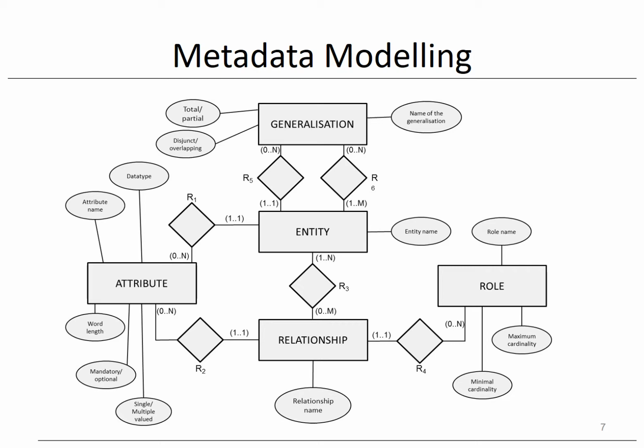The relationship type R4 connects a relationship to its roles. R5 and R6 model the entities that participate in a generalization, either as a superclass or a subclass. Note, we assume that every generalization has one superclass, see relationship type R5, and one or more subclasses, see relationship type R6.